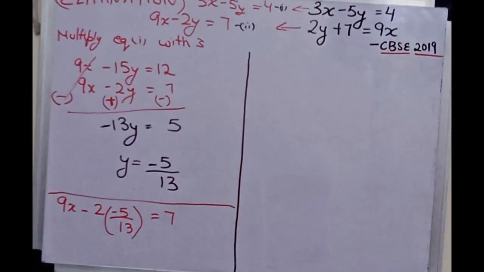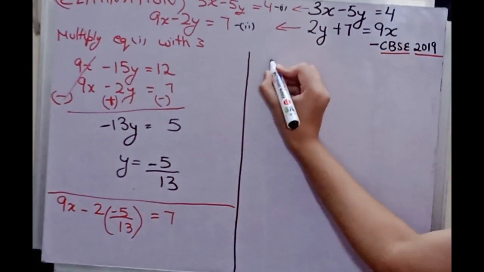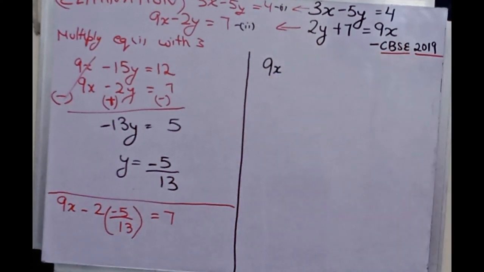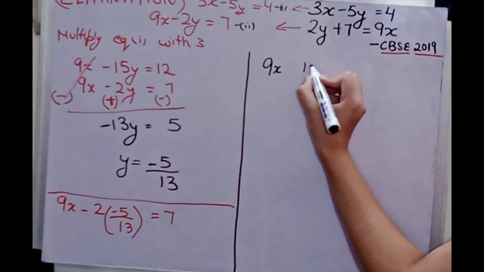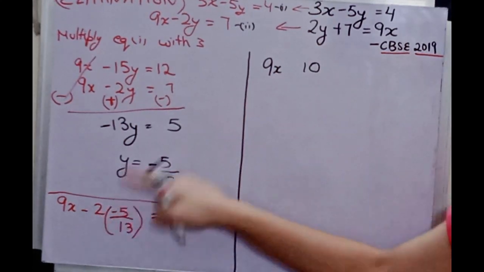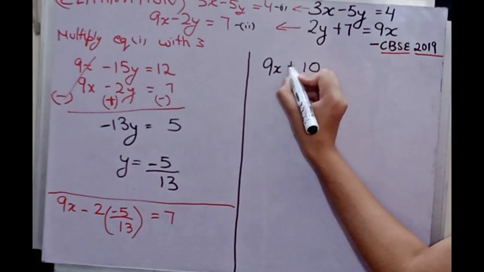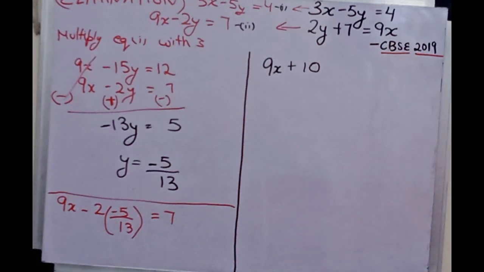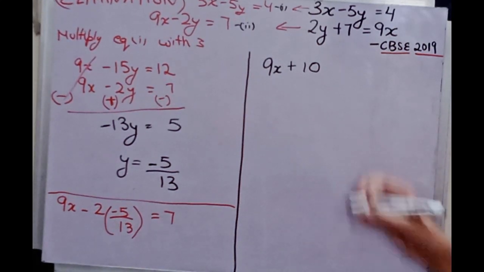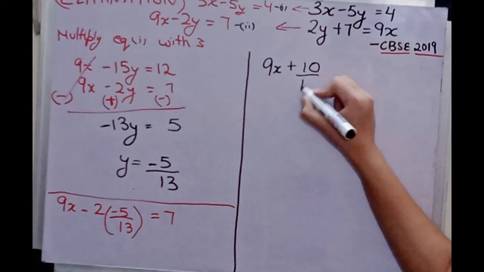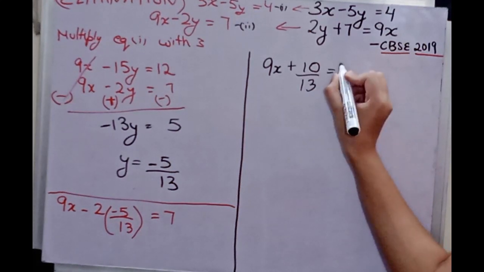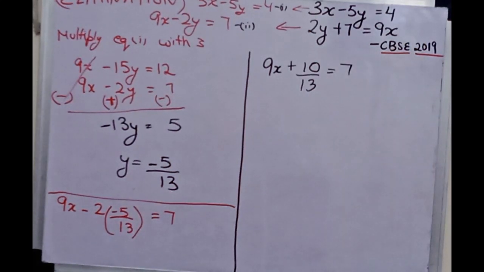Two into 5 gives me 10. So first of all, let me write 9x, then 2 fives are 10, and the sign minus minus gives plus, so plus 10 by 13 equals 7. This is how the equation looks, right?